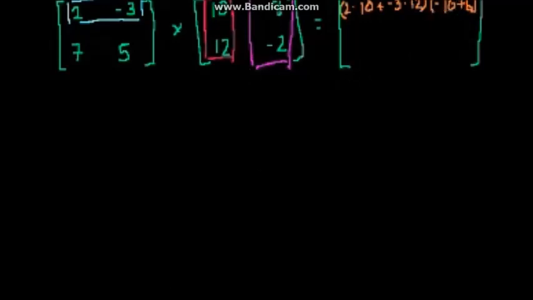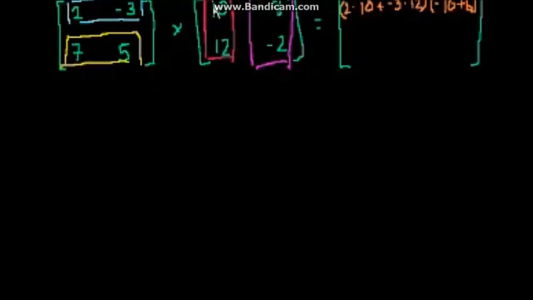And then let's come down here. So now we're in the second row, so we're getting our row information from the first matrix. I know this is confusing, and I feel bad for you right now. But we're going to do a bunch of examples, and I think it'll make sense. So this term, the bottom left term, is going to be this row times this column.